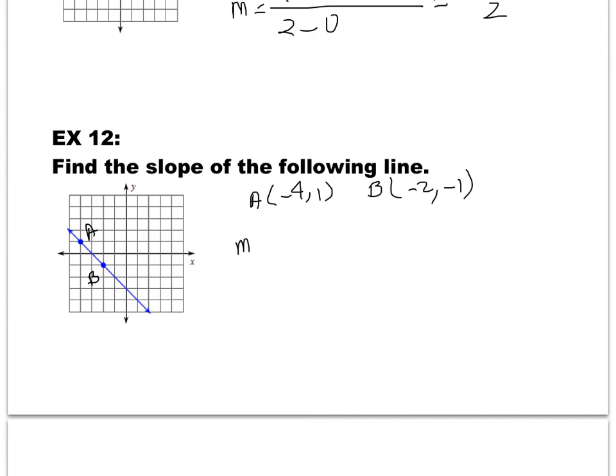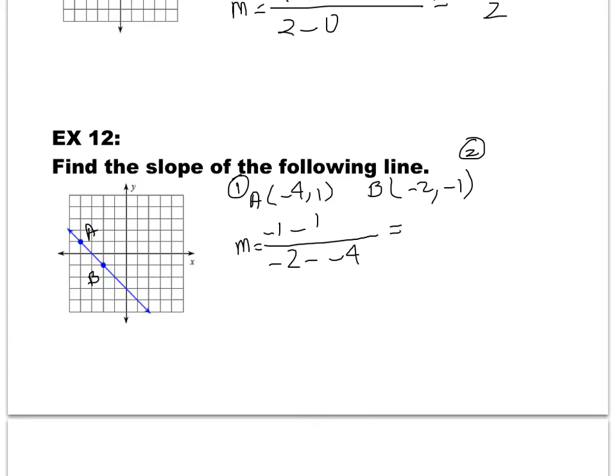Now I'm going to use the formula y2 minus y1. Let's pick this point to be 1, this point to be 2. Then y2 is negative 1, the y coordinate of the second point, minus y1, which is 1, so it's minus 1, divided by x2, which is negative 2, minus x1, which is negative 4.